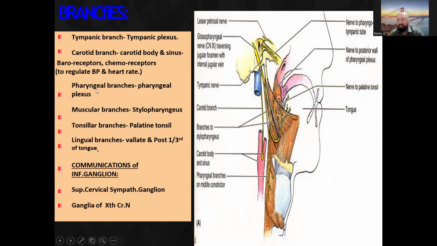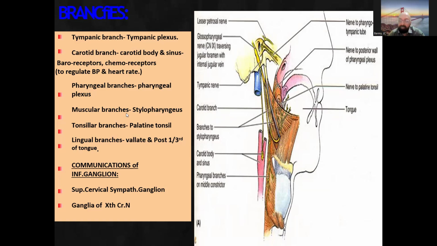Then we have the pharyngeal branches, as I said, which help to form the pharyngeal plexus, along with contributions coming from the vagus nerve as well, or the vagoaccessory complex. These pharyngeal branches are very important to supply the pharyngeal muscles and some muscles of the palate.